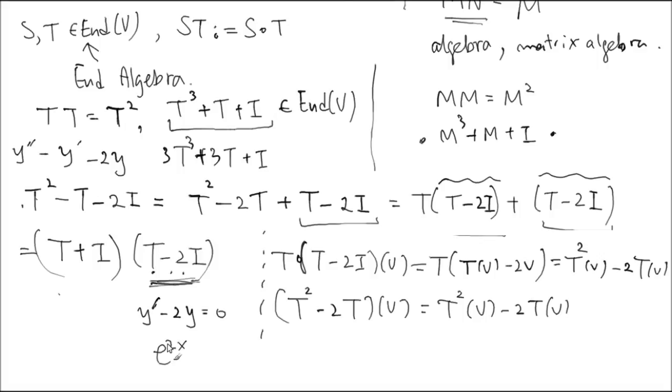This is simple. You do that even in Calc 1. And this one is coming from e to the negative x. And that's why the characteristic polynomial of a differential equation works in that way, because this factorization is available with a constant coefficient linear equation. When this is non-constant, then factorization is still there. It's a lot uglier, right?